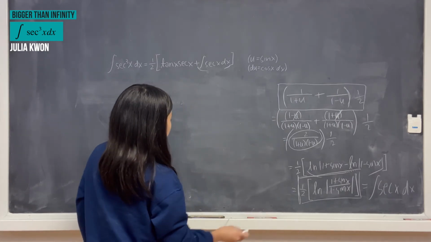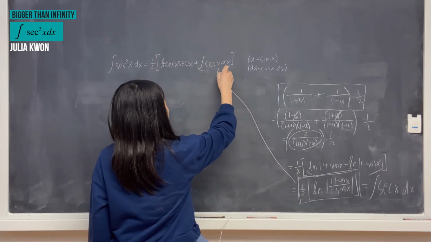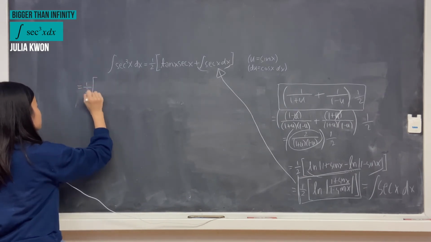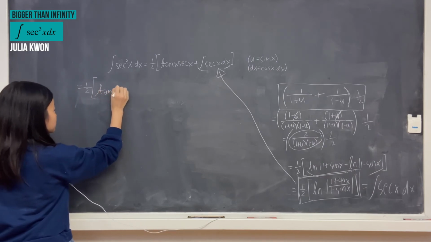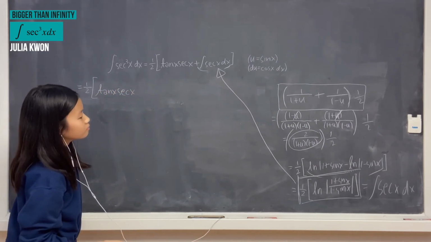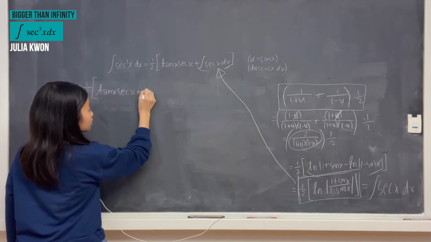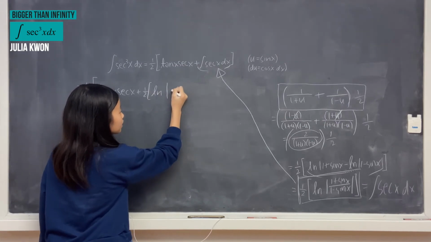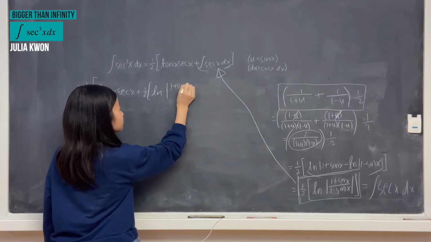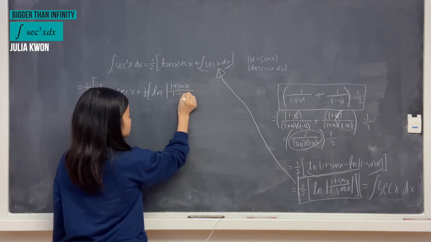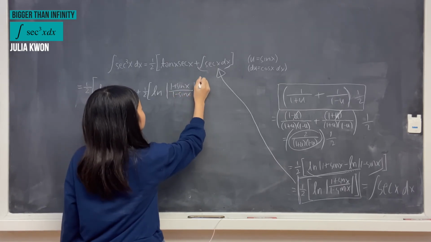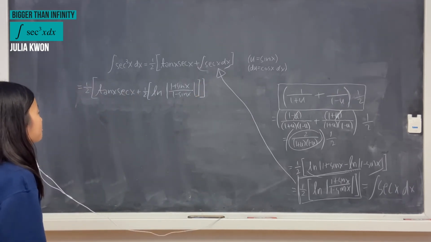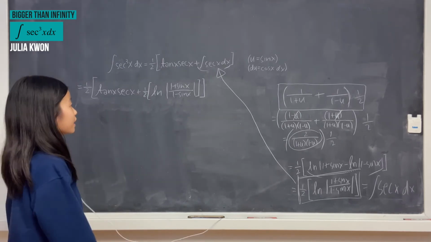And so we replace it, which will get us to 1/2 times tangent x times secant x plus 1/2 times ln absolute value of (1 plus sine x over 1 minus sine x). And now this can be your final answer.